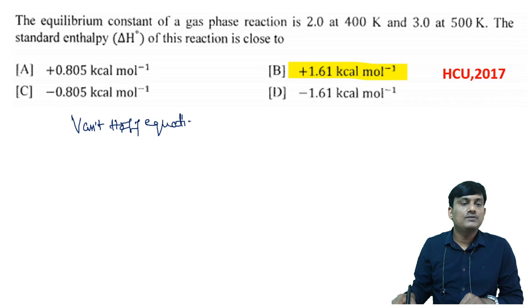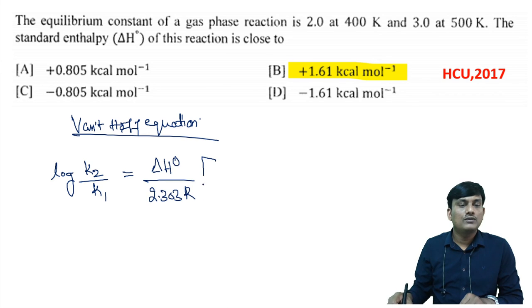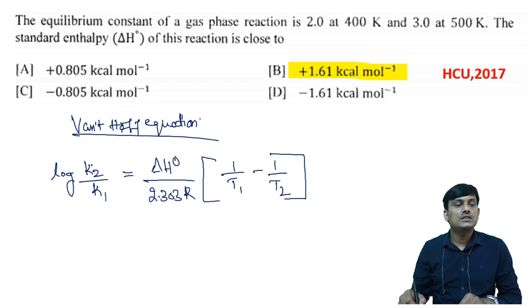According to van't Hoff equation, log K2 by K1 is equal to delta H naught by 2.303 R into 1 by T1 minus 1 by T2. So this is the relation between K2, K1, T1, T2 and delta H naught. From this you have to calculate delta H naught value.